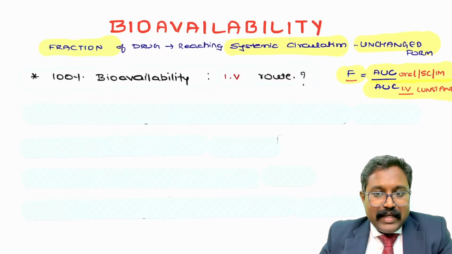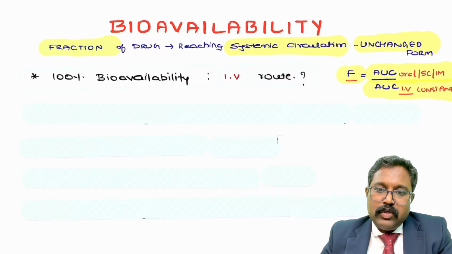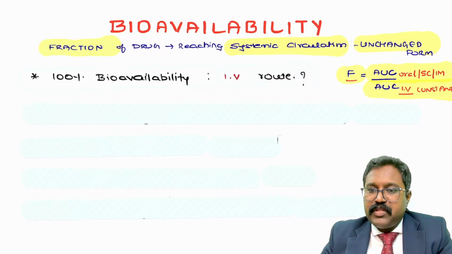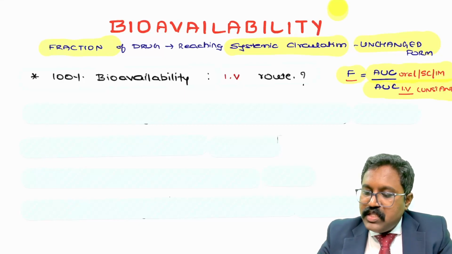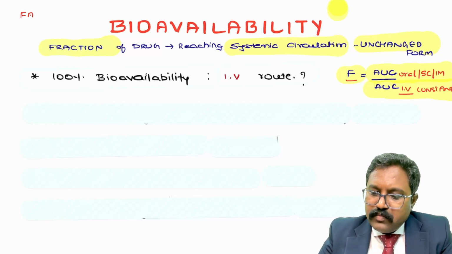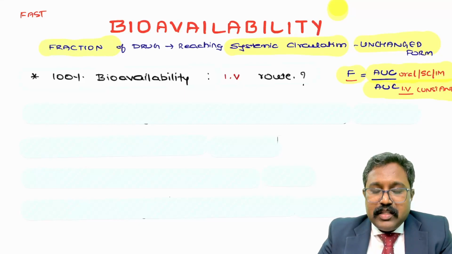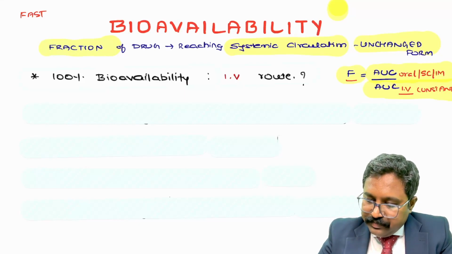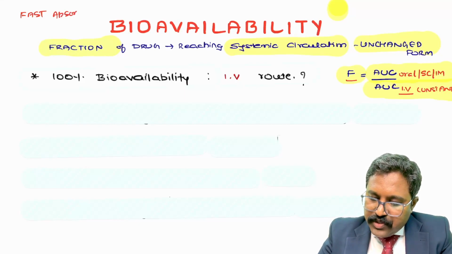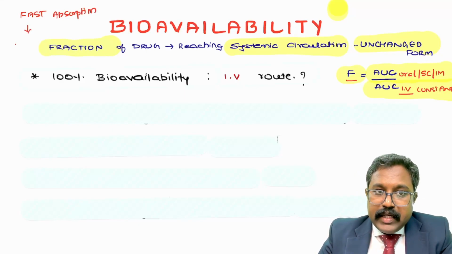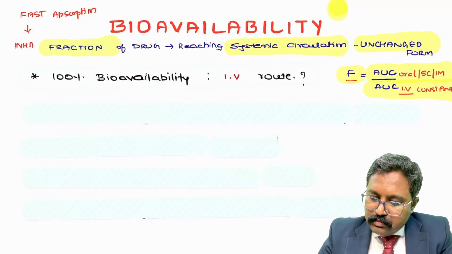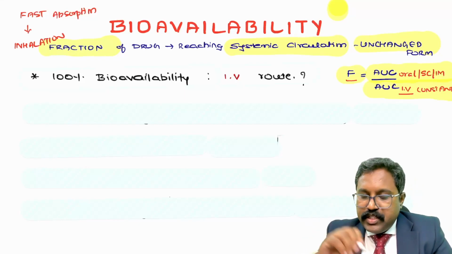Which route doesn't have any absorption? Again the IV route. Which route has got the fastest absorption? So this is a very tricky question. You need to remember, the route having the fastest absorption will be your inhalation route.